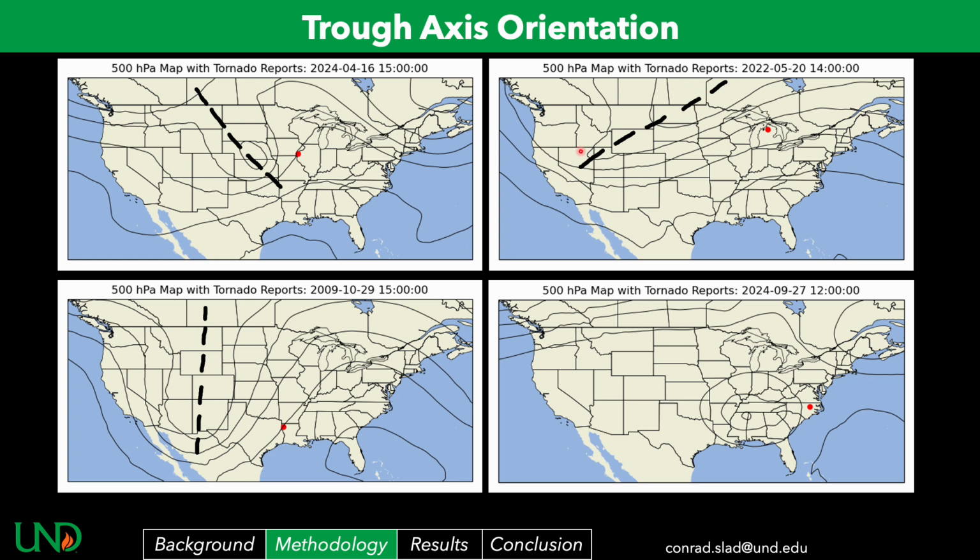And this depiction of the trough is actually a positive trough, as it's pointing more westerly with height. And we have a tornado report up in Michigan. And right here we have a neutrally tilted trough. The trough axis is directly north-south, and we have a tornado over in Louisiana.